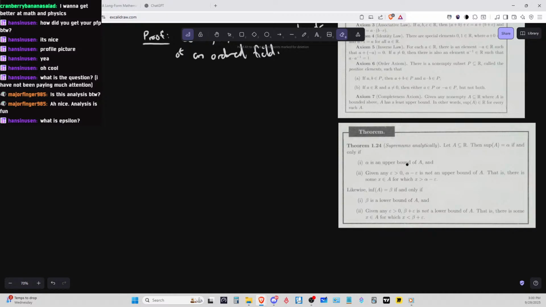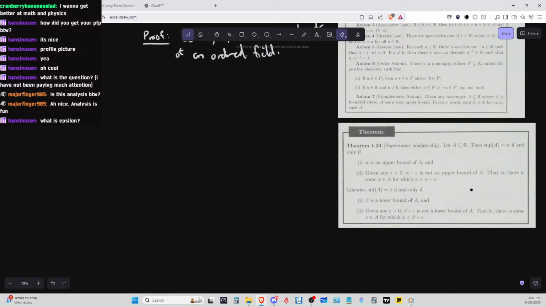Alpha is an upper bound of A, and given any epsilon, in this case any number greater than 0, alpha minus epsilon is not an upper bound of A. That is, there is some x in A which is greater than alpha minus epsilon.